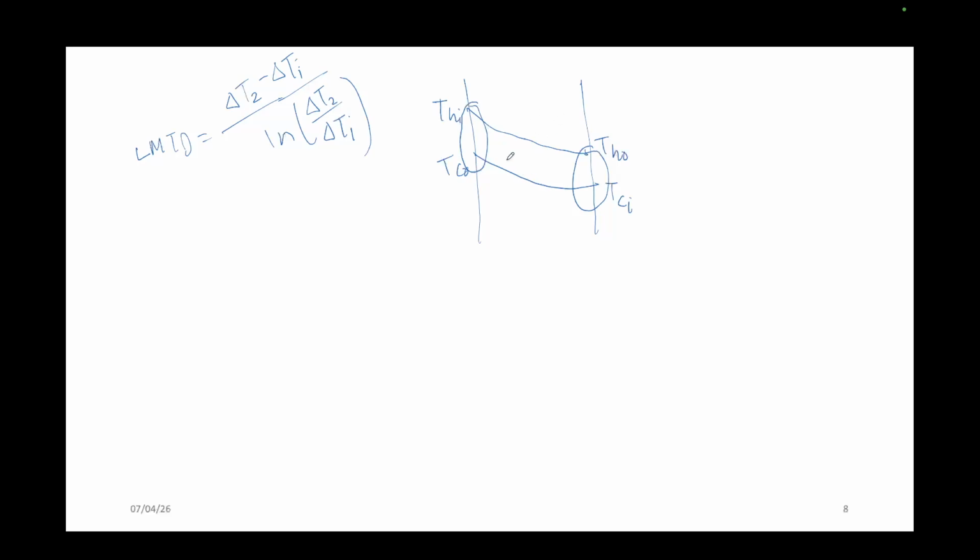This will be minus delta H. You see, the arrow is in the same direction, but the temperature is decreasing. That's why negative. Here, though the temperature is increasing, its direction is opposite, so it should be negative. So in this way, if you derive, you will again get the same thing.